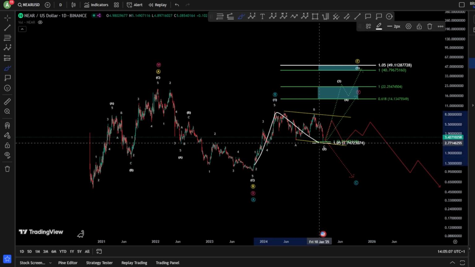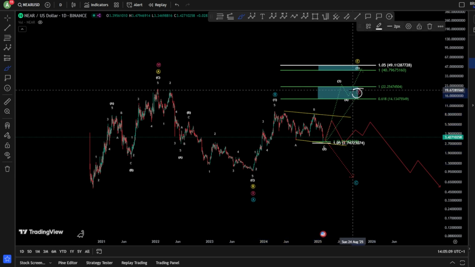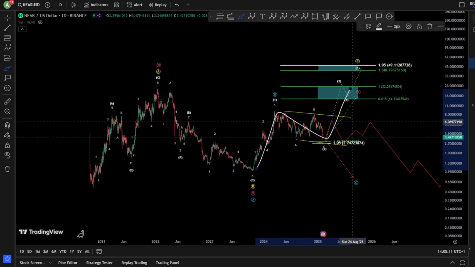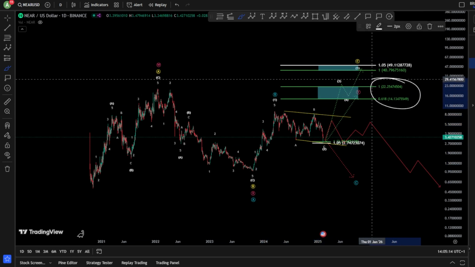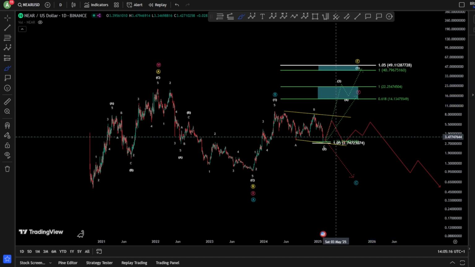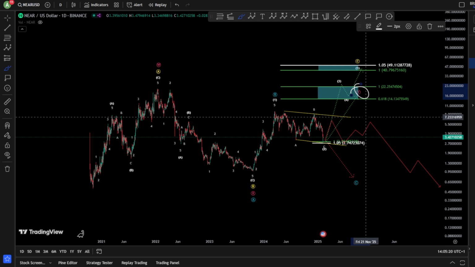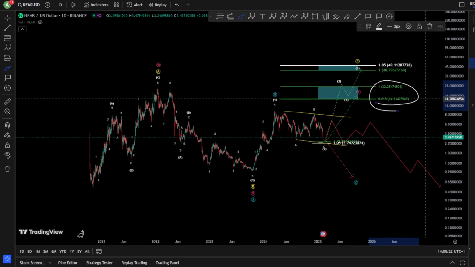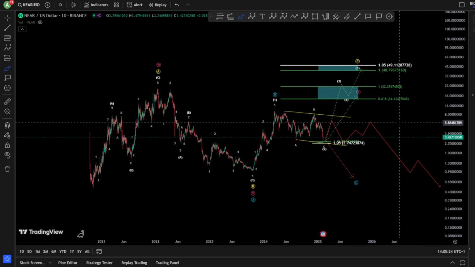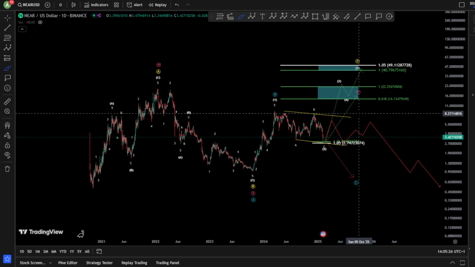If this is an A, B, and a C, you are looking for the wave Y because it is a 3-wave structure, meaning those are your targets. Therefore, a higher possibility right now is going for the Y, which is between $22 and $14 for NEAR.